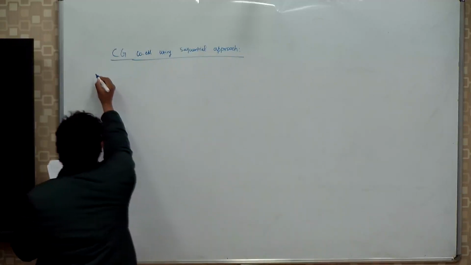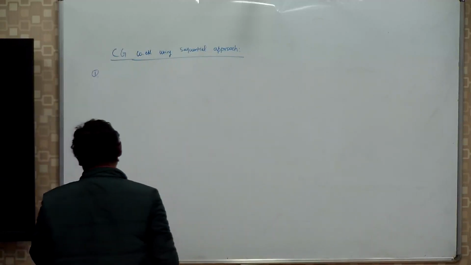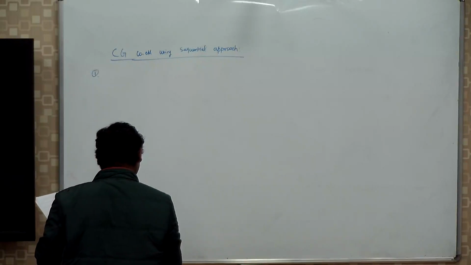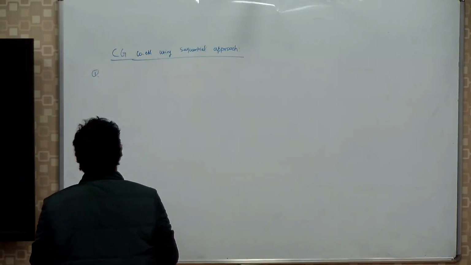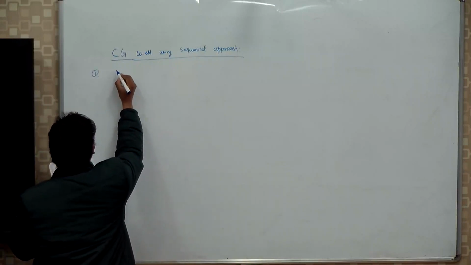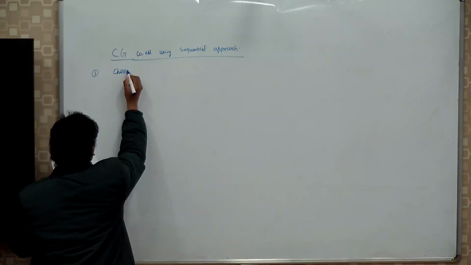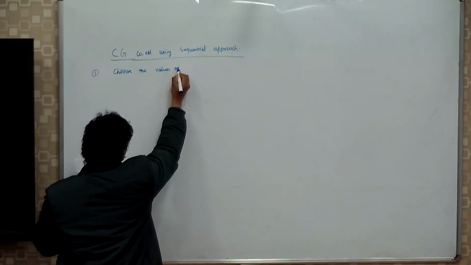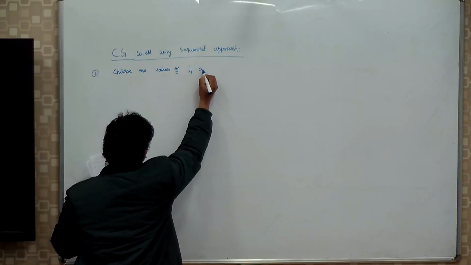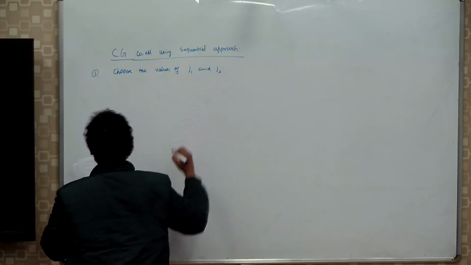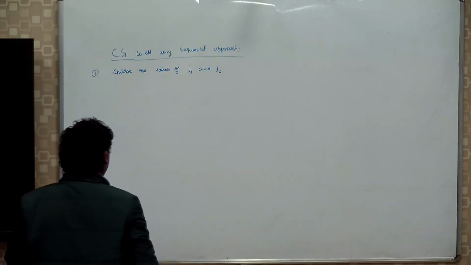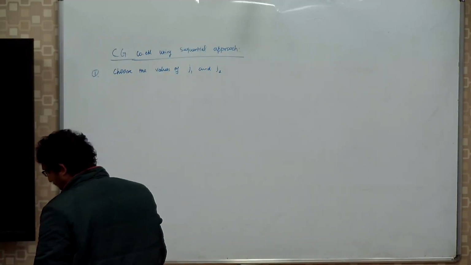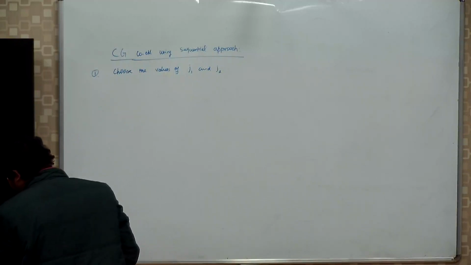The first point: choose the values of j1 and j2, whatever the system's values are, the total angular momentum quantum numbers j1 and j2, and generate all the possible values of j3.